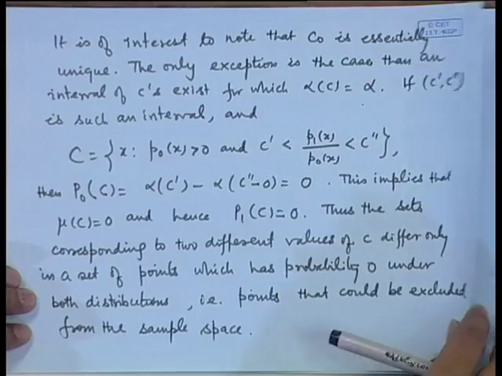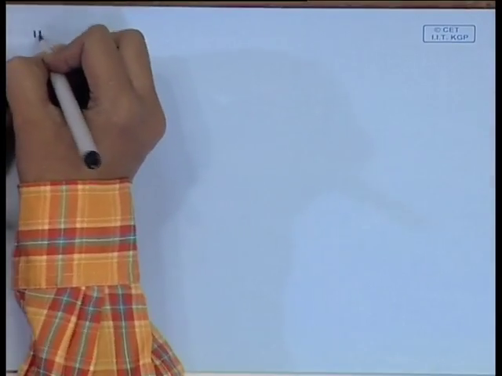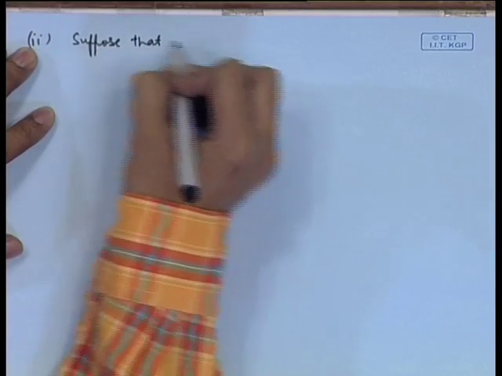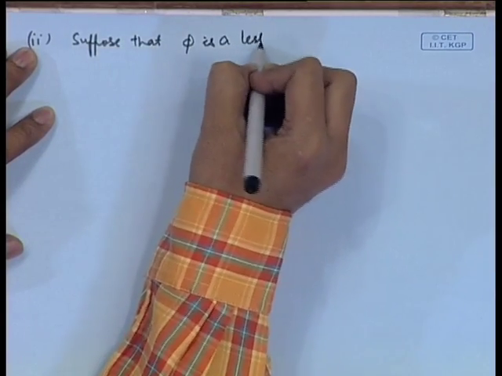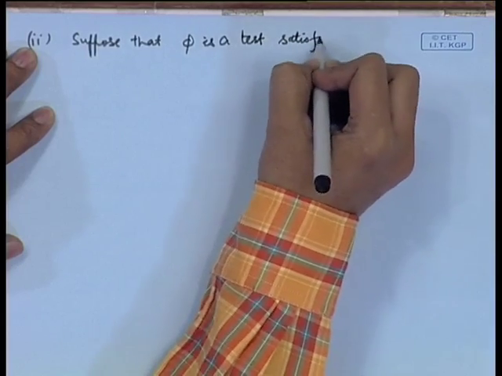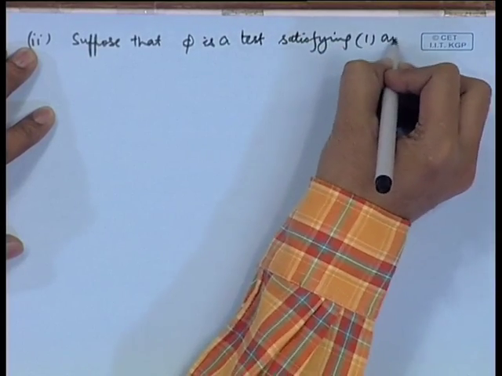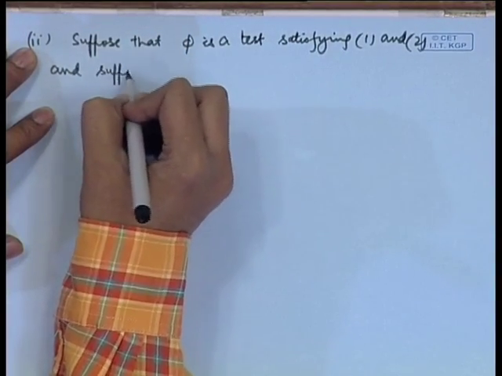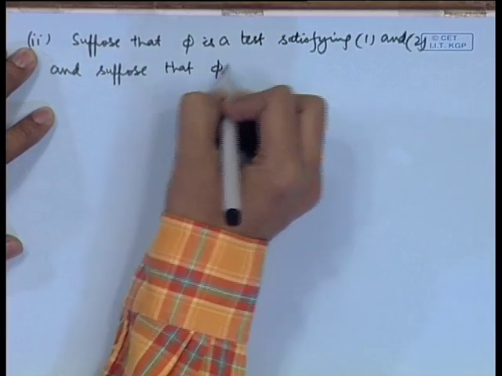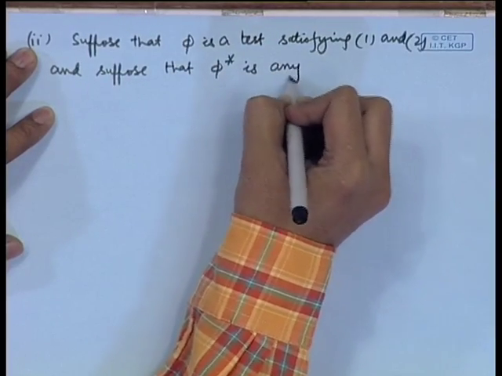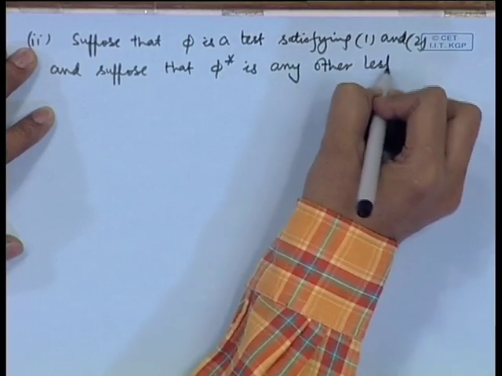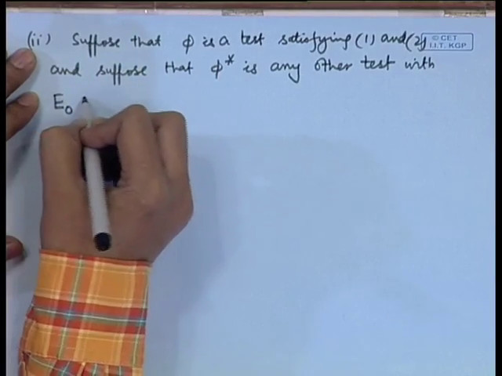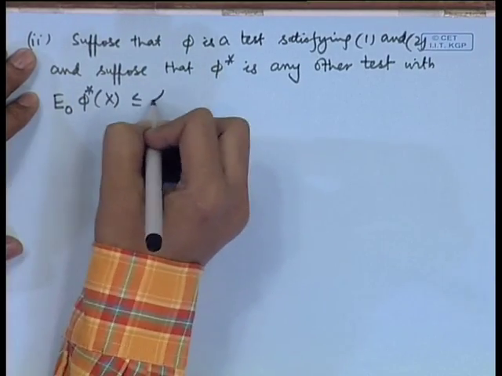Now, let us pay attention to the sufficiency part. So, suppose that phi is a test satisfying 1 and 2, and suppose that phi star is any other test with say expectation of phi star less than or equal to alpha.